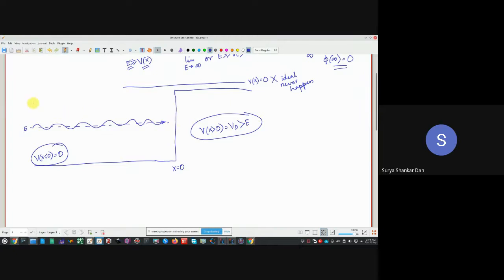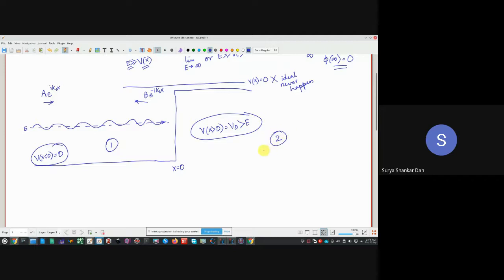So here there is no issue. Plus ik1x, this direction, B e to the power of minus ik1x. This is already dealt with in our previous lectures. In the region, this is region 1.